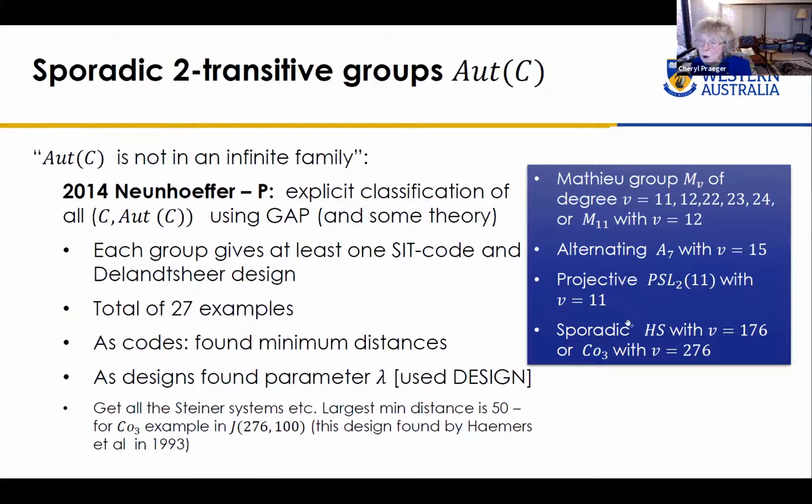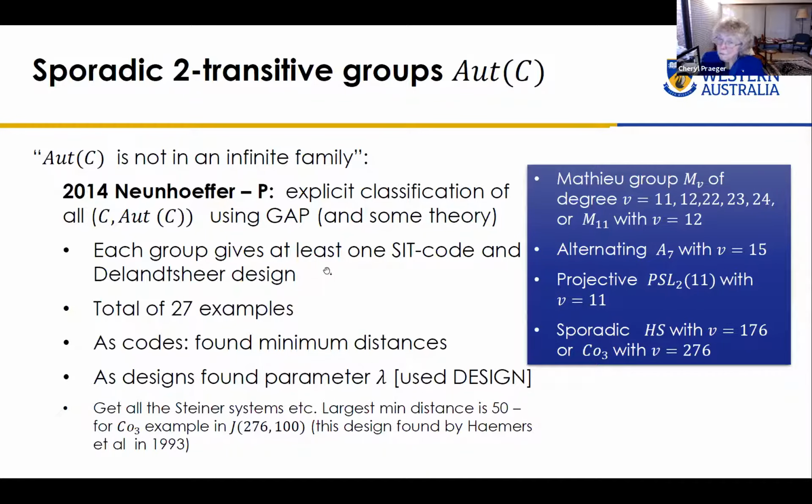And there's 2 other sporadic simple groups which happen to have 2 transitive representations, Higman-Sims and Conway 3.